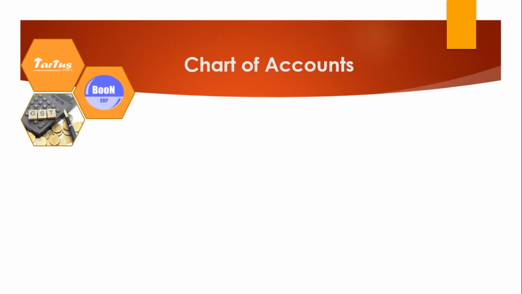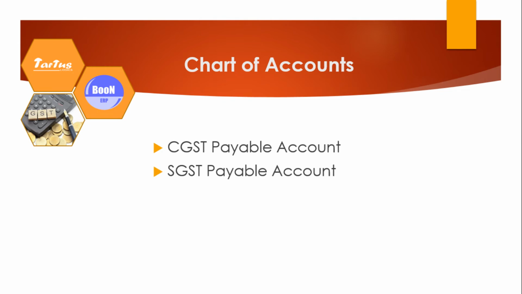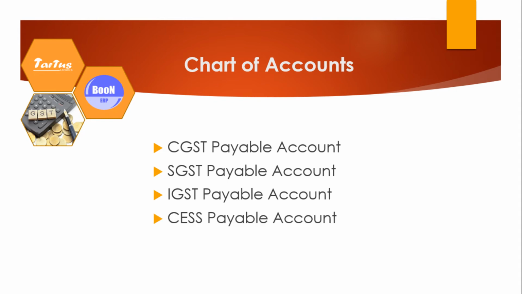To account GST on outward invoice, we require some accounts in chart of accounts. The accounts are CGST payable account, SGST payable account, IGST payable account, and cess payable account. I opened these accounts in chart of accounts.